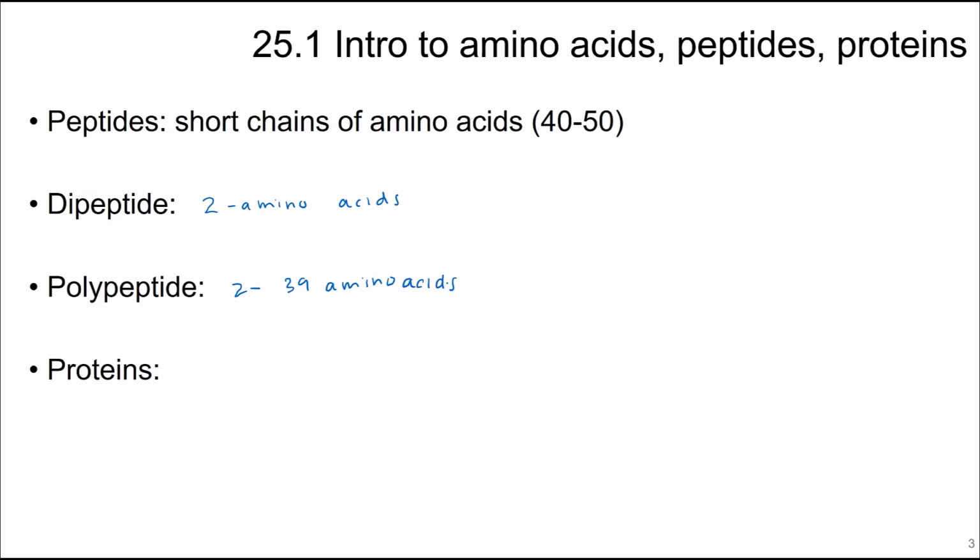And proteins are greater than 50 amino acids, and can be up to thousands. Most people's definition of protein is something that you're gaining in your diet via meat, beans, tofu, something like that. But proteins in chemistry, there's always a chemistry definition, is a lot of amino acids strung together.